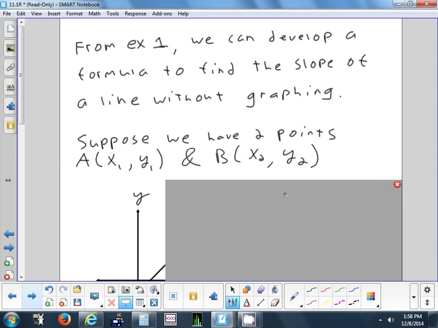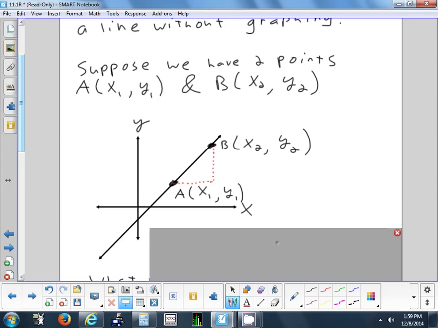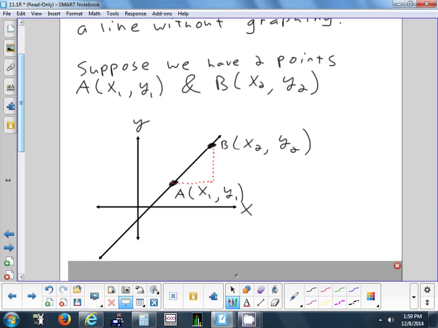When we do a problem, these are all going to be numbers: the x1, the y1, the x2, and the y2. I've graphed those 2 coordinates. We don't know exactly what they are, so we can't put it on a grid, but we can just label it generically like that.